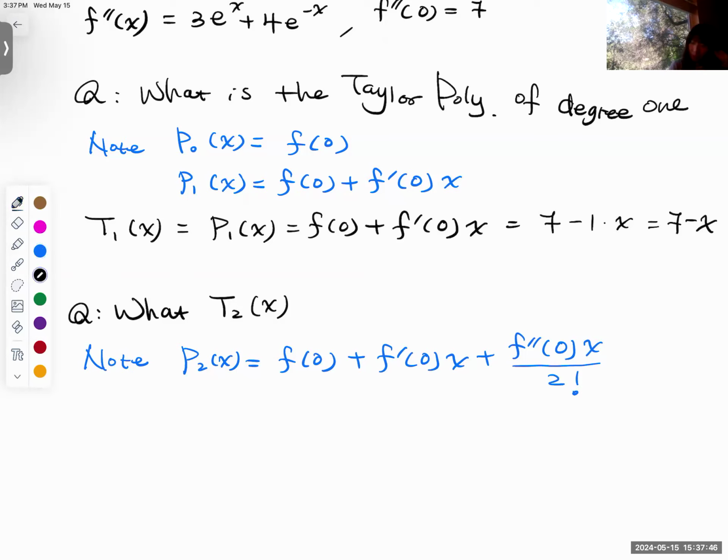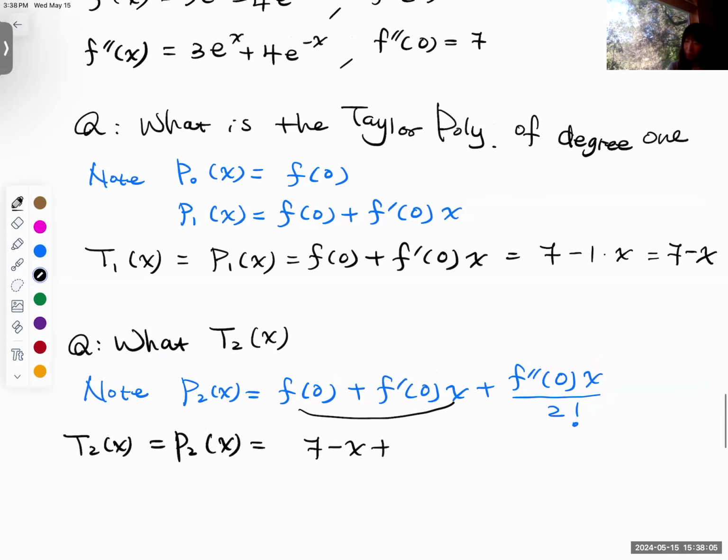So T sub 2 of x equal to P sub 2 of x. So f of 0 plus f prime of 0 x, which we have from the previous one, 7 minus x, plus f second prime of 0, we have 7 times x over 2 factorial, which is 2. I'm so sorry, I made a mistake. Is this squared? Squared.